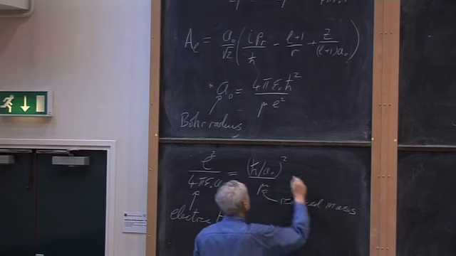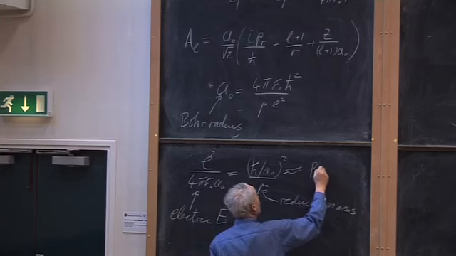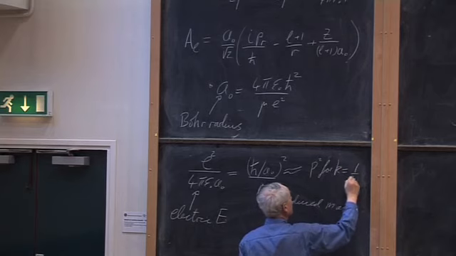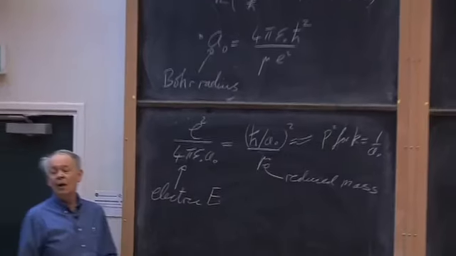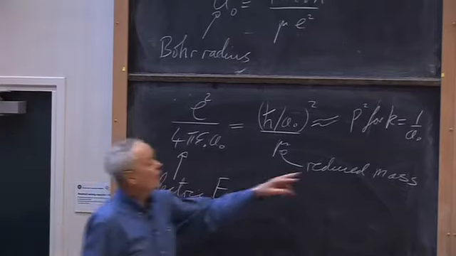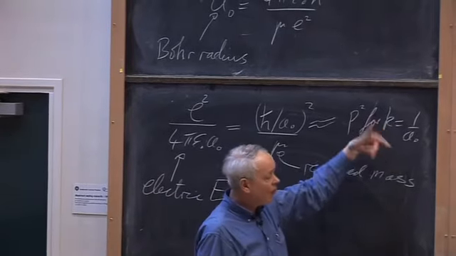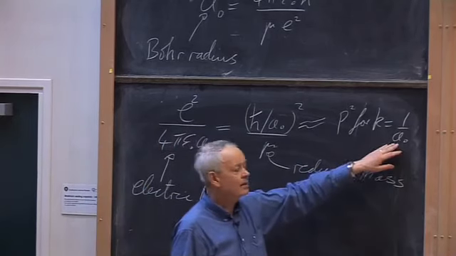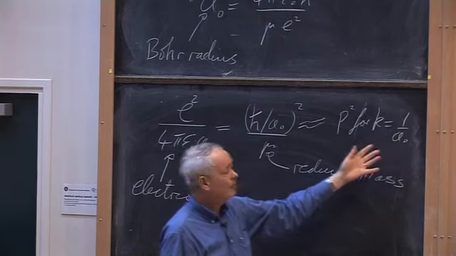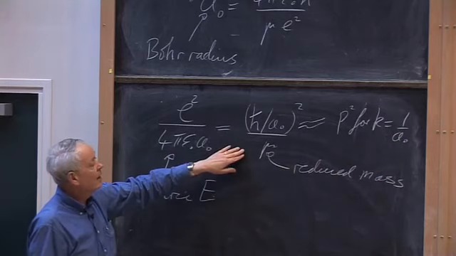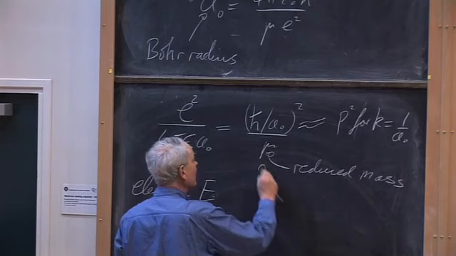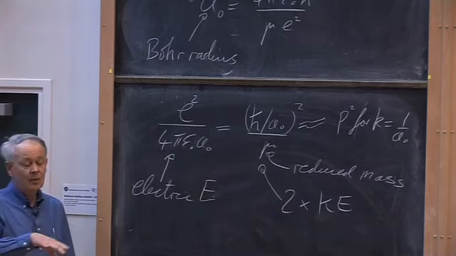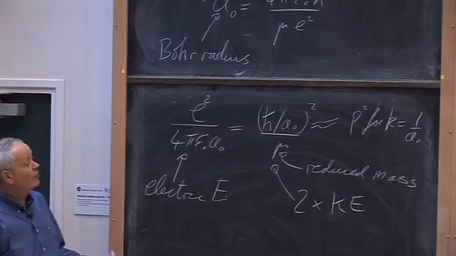So what we have on the right-hand side is p squared, for k equal to 1 over a0. So if you have a wave which has a wavelength comparable to this scale radius here, not worrying about 2 pi's at the moment, then what you have on the right is 2 times the kinetic energy associated with a particle which has a wavelength on the order of a0.